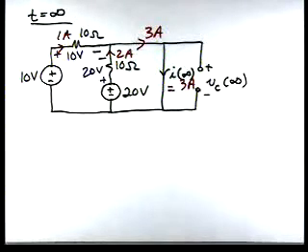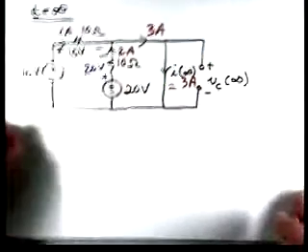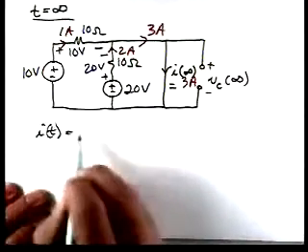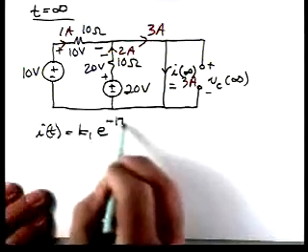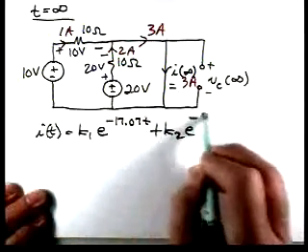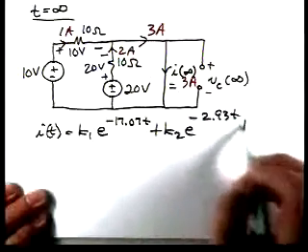So now our response we know is K1 e^(-17.07t) plus K2 e^(-2.93t) plus K3.